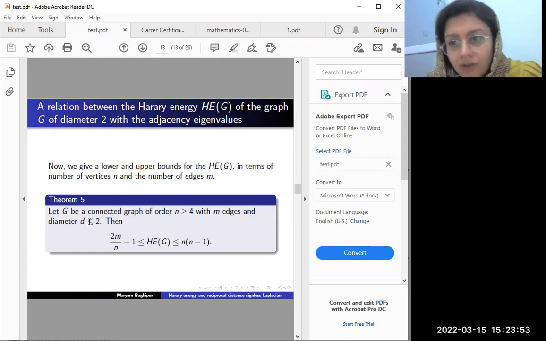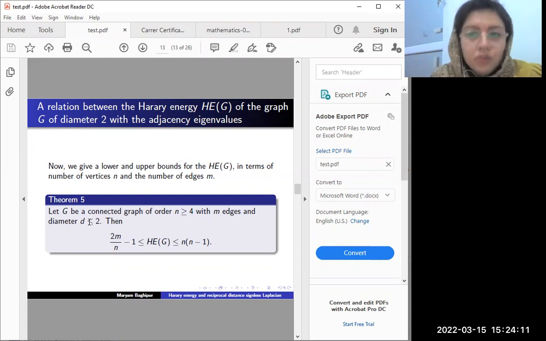If I want to calculate reciprocal transmission or transmission, there are d_i vertices at distance 1 and n minus d_i minus 1 vertices at distance 2.